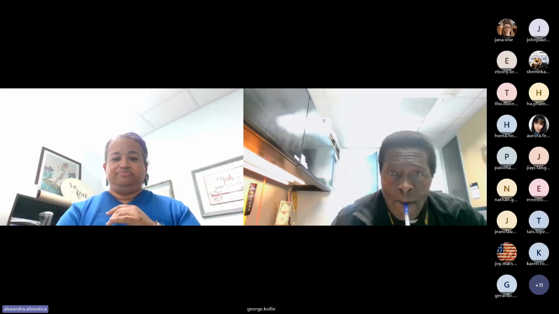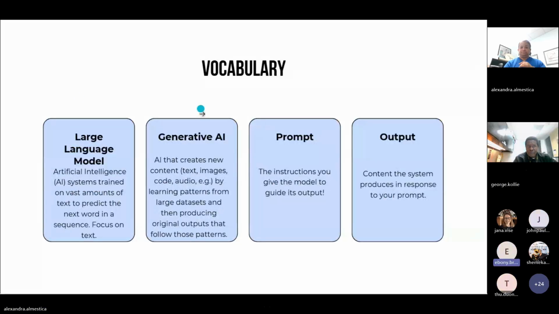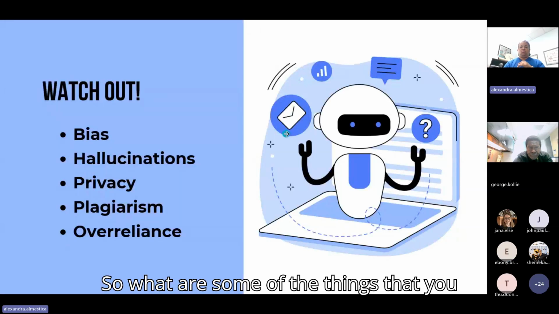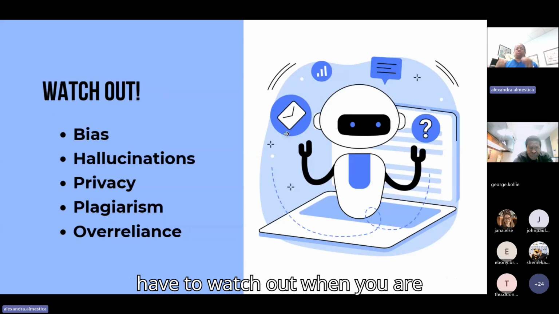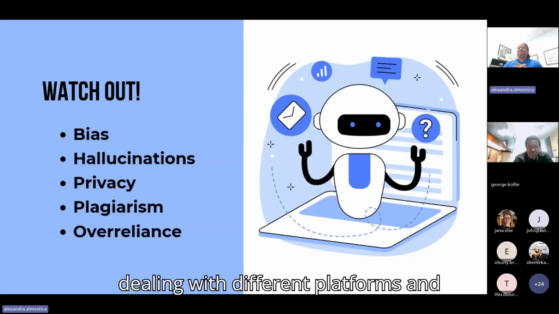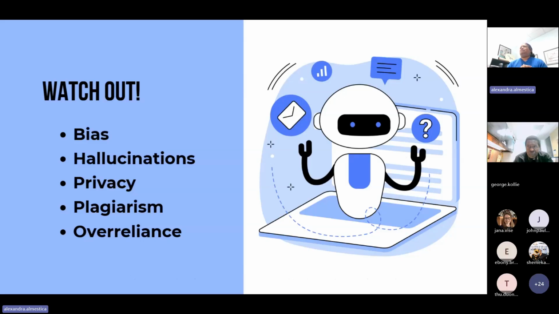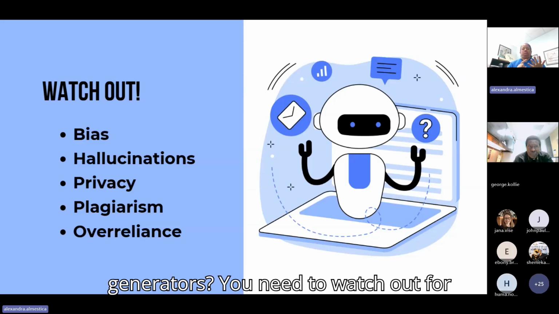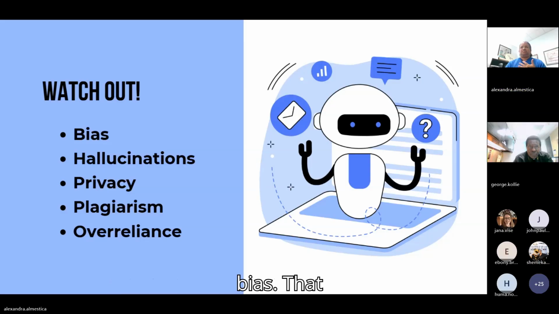All right. Let me go back to sharing my screen. So what are some of the things that you have to watch out for when you are dealing with different platforms and different generators? You need to watch out for bias.